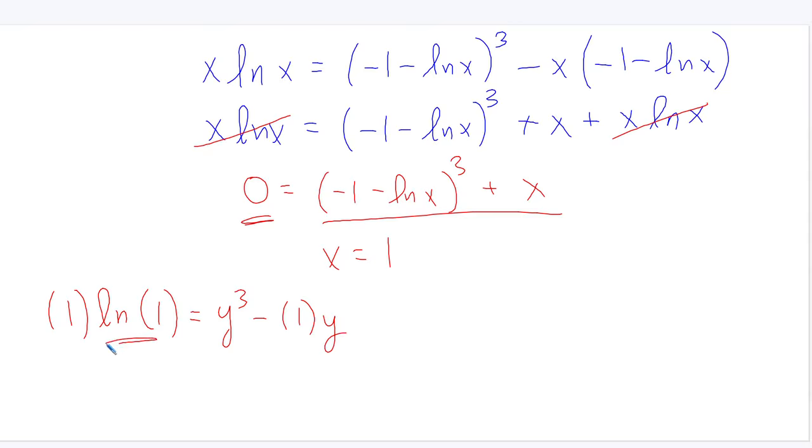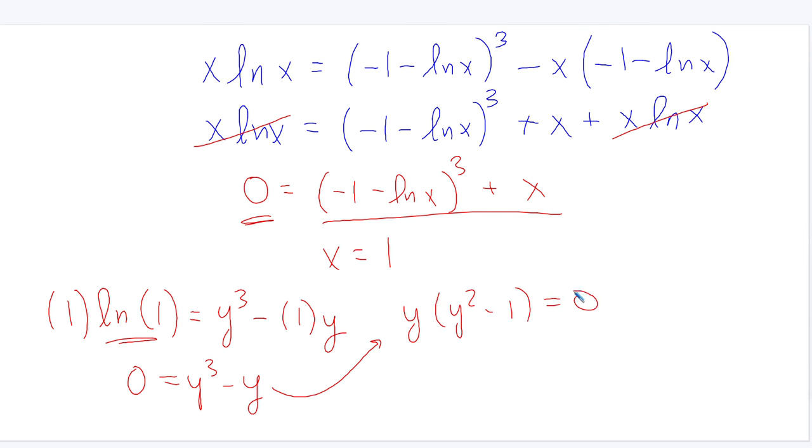Since the natural log of 1 is 0, this ends up being 0 equals y cubed minus y. If we factor out the y, we get y times (y squared minus 1) equals 0, so y is equal to 0, and y is equal to positive or negative 1.